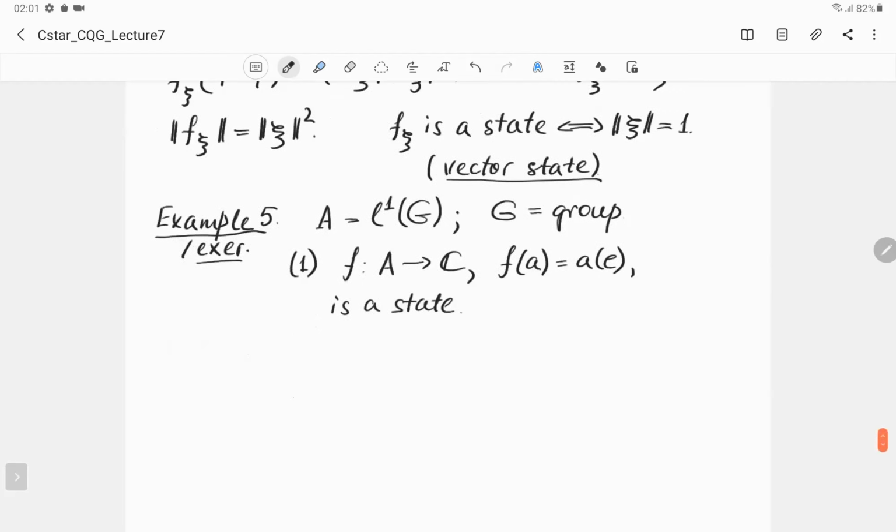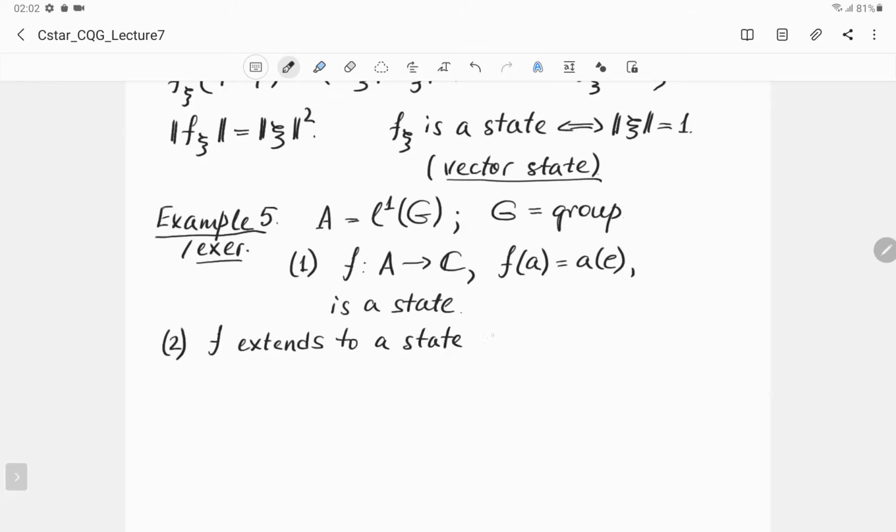Second, let's recall that the algebra little l1, of course, is not a C-star algebra, but it can be embedded into a bigger algebra, which is now a C-star algebra, the so-called reduced C-star algebra of G. So we take the left regular representation of little l1 on the little l2 space, and the closure of the image of this representation is the reduced C-star algebra of G. So I claim that f extends to a state on the reduced C-star algebra.